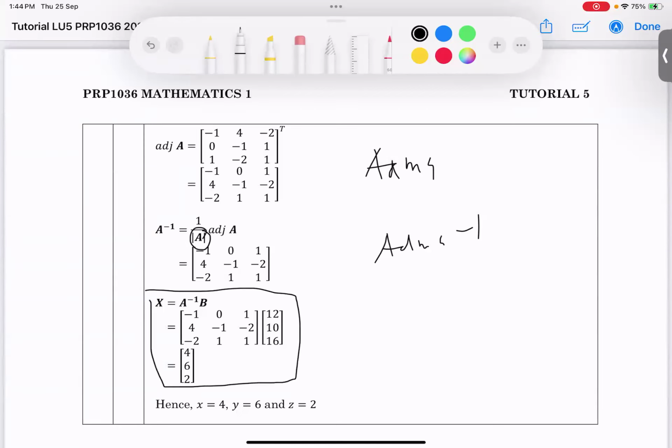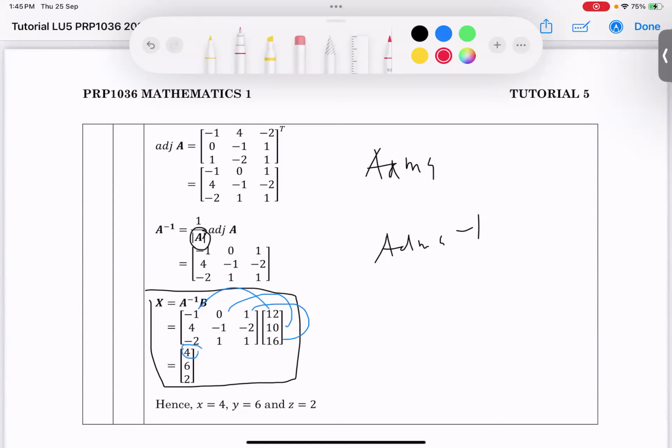This is the part that is extra, where finally we use the idea that we used just now to find each of the values. So how do we find this? It is -1 times 12 plus 0 times 10 plus 1 times 16, and you get 4.